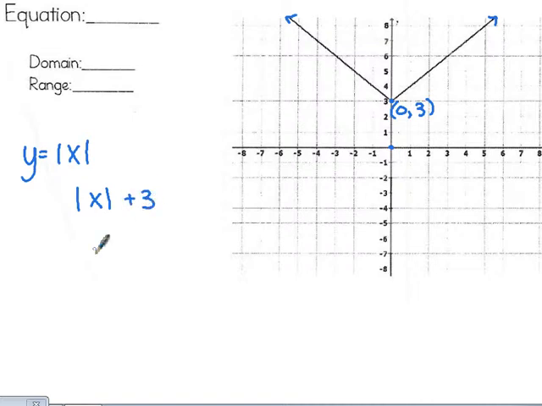Did anything else happen? Let's check our dimensions. I go up 1 over 1, up 1 over 1, up 1 over 1. It looks like the slope here is 1, so our stretch didn't increase or decrease at all. We didn't compress or stretch. And was there any reflection over the x-axis? I'm definitely not pointing down.